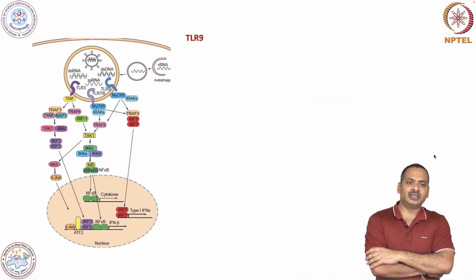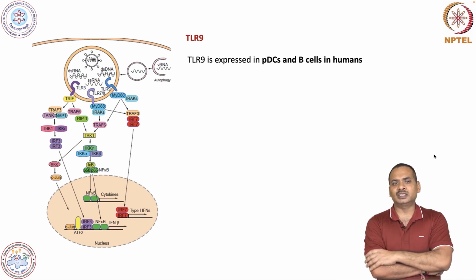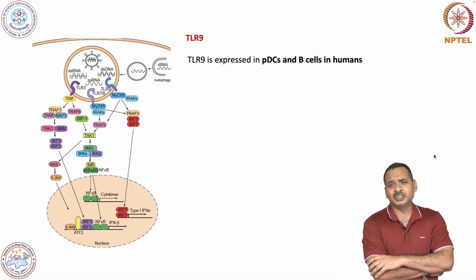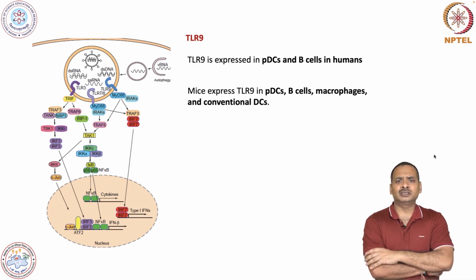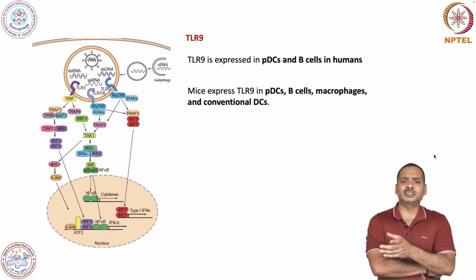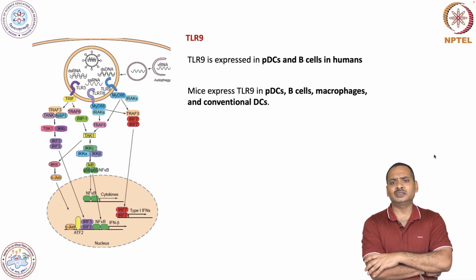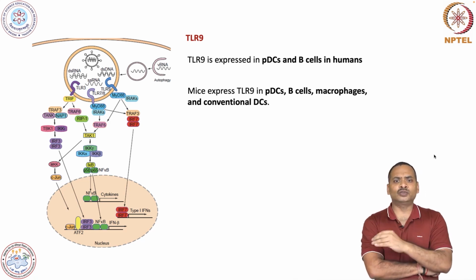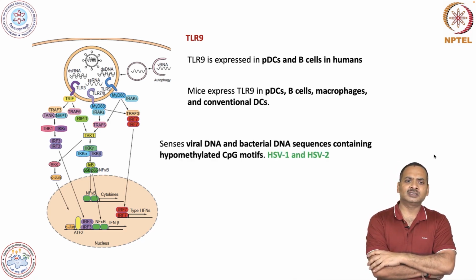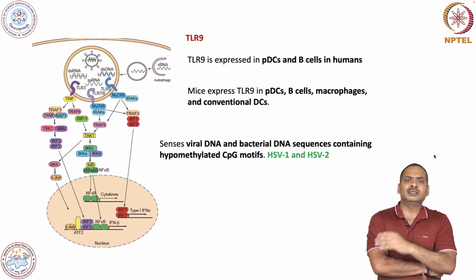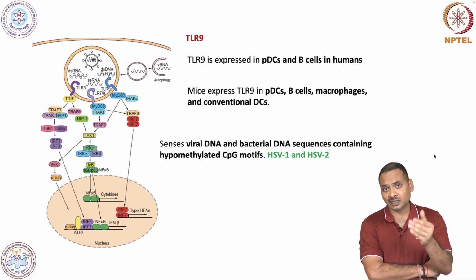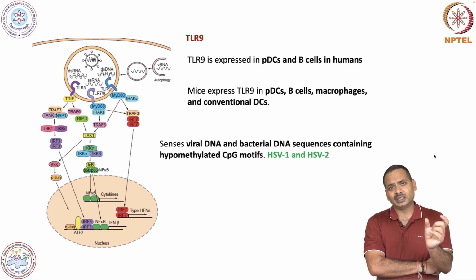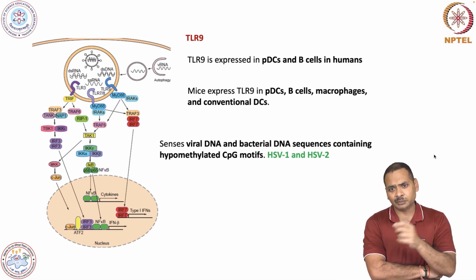There is TLR9. TLR9 is expressed in pDCs and B cells in humans, and mice express TLR9 in pDCs, B cells, macrophages and conventional DCs, and it senses viral DNA and bacterial DNA. If you remember, TLR9 senses the CpG region in DNA which is hypomethylated.